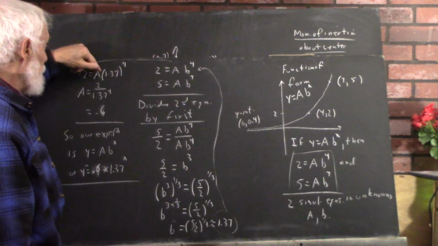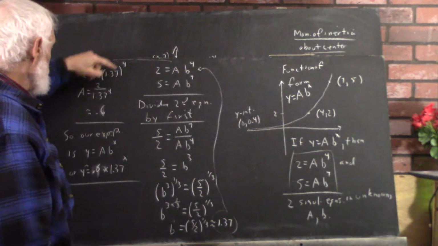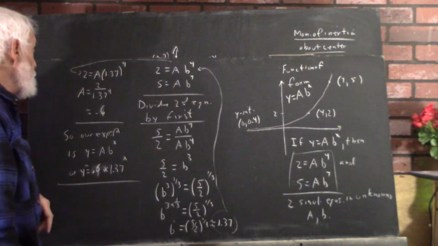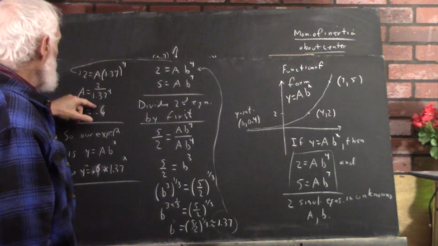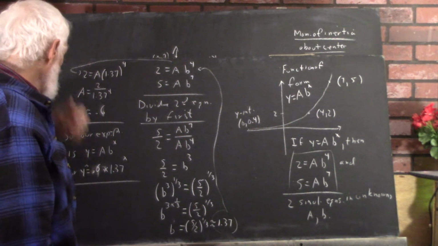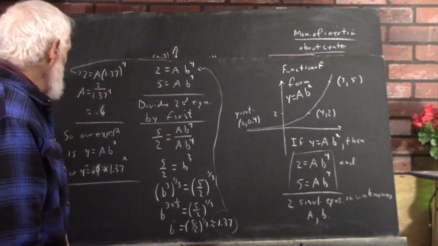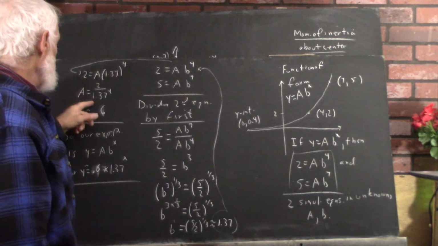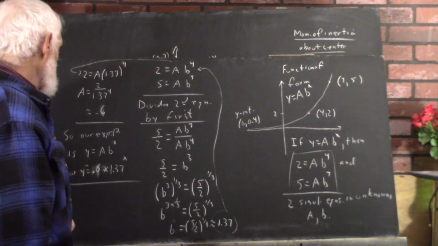2 equals a times b to the 4th, b being 1.37, that's 1.37 to the 4th. And then a is going to equal 2 divided by 1.37 to the 4th. And I vacillated between 0.7 and 0.6 here, vacillating a bit on the value of 1.37 to the 4th. I went with 0.6.